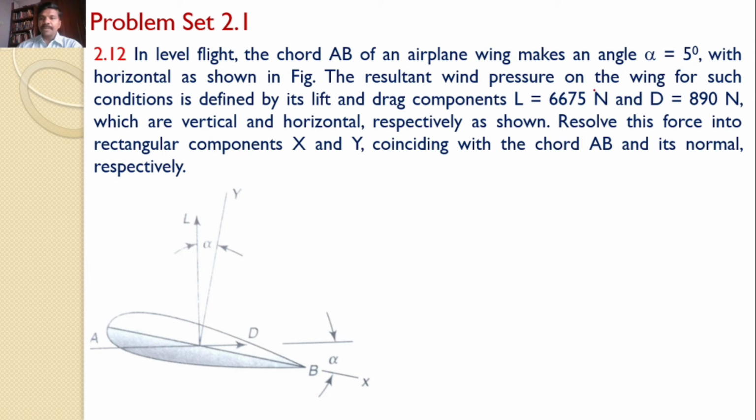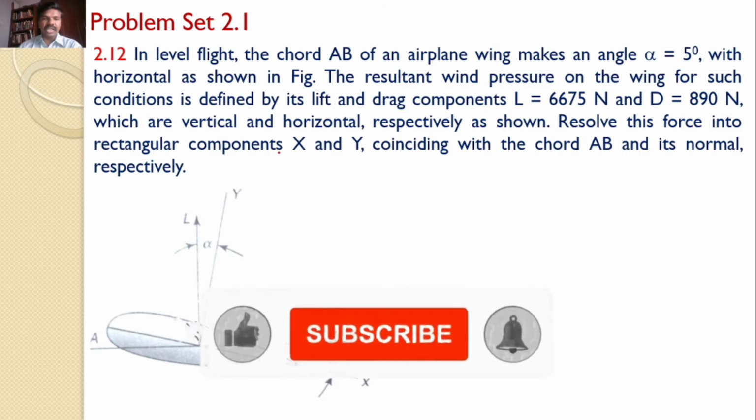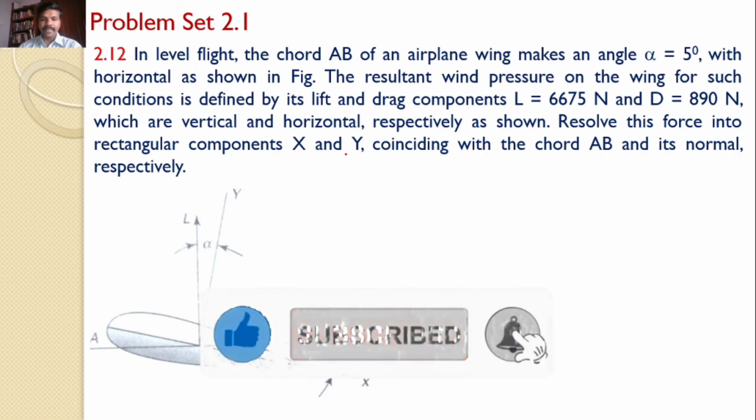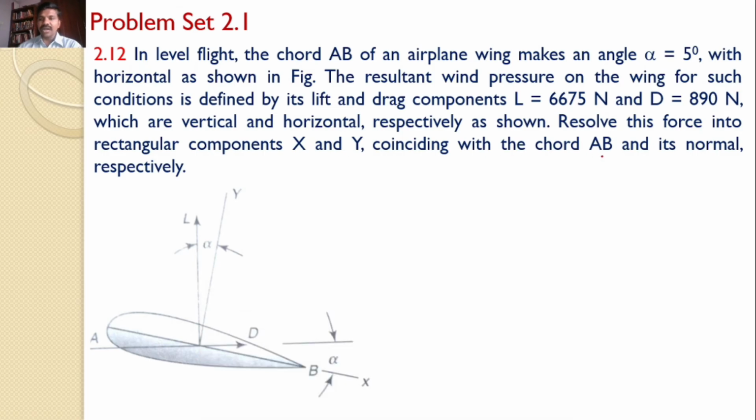The resultant wind pressure on the wing for such conditions is defined by its lift and drag components, L equal to 6675 newtons and D equal to 819 newtons, which are vertical and horizontal respectively as shown. Resolve this force into rectangular components x and y coinciding with the chord AB and its normal respectively.